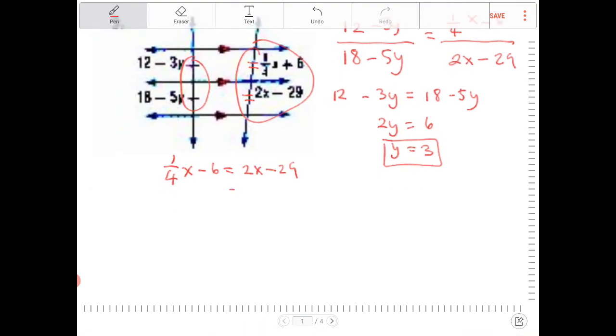I will subtract 1/4 x from both sides, and I will end up with 7/4 x. Add 29 to both sides, I end up with 23. I will now multiply both sides by 4/7, and x is equal to 132/7.